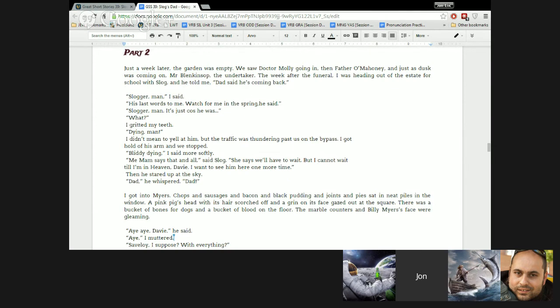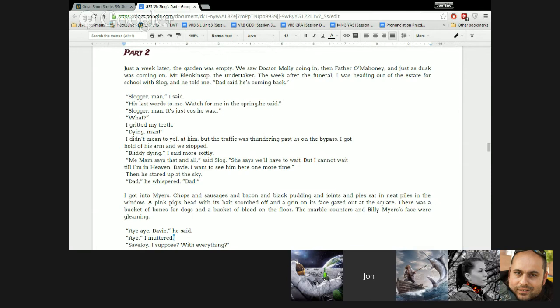Maybe the main character. You've got Slog, you've got Davy, you've got the old man, then you've got this guy in the park who may or may not be the old man. We don't know. But the most important thing to me is this character of the place, which you get through all the details and through the language. I don't know. For me, that's something that stands out. Anyway.